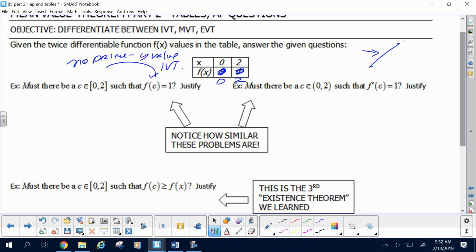Okay, so if we're going to use IVT, what's the condition for IVT? F is continuous. It's given as twice differentiable, so that definitely implies continuous. You don't have to say why you say it, you can just say it.